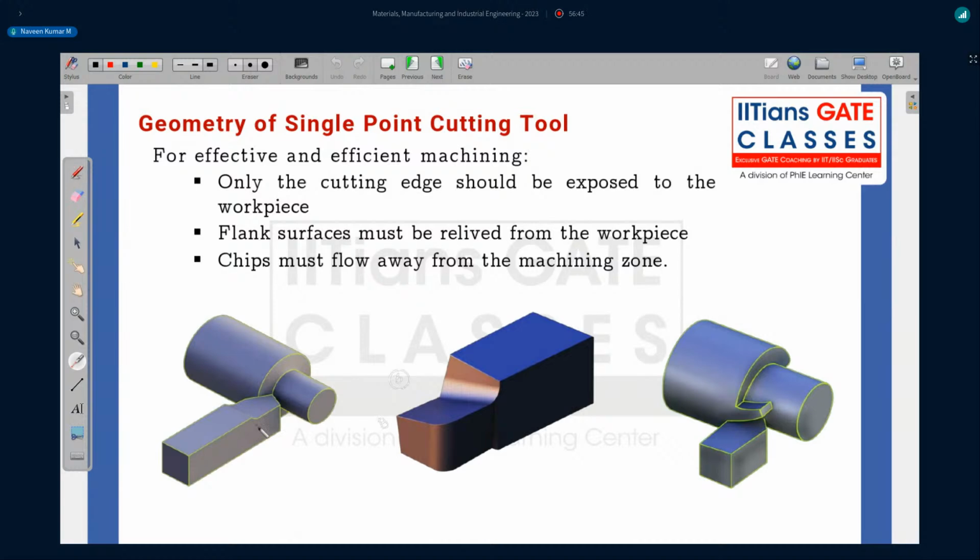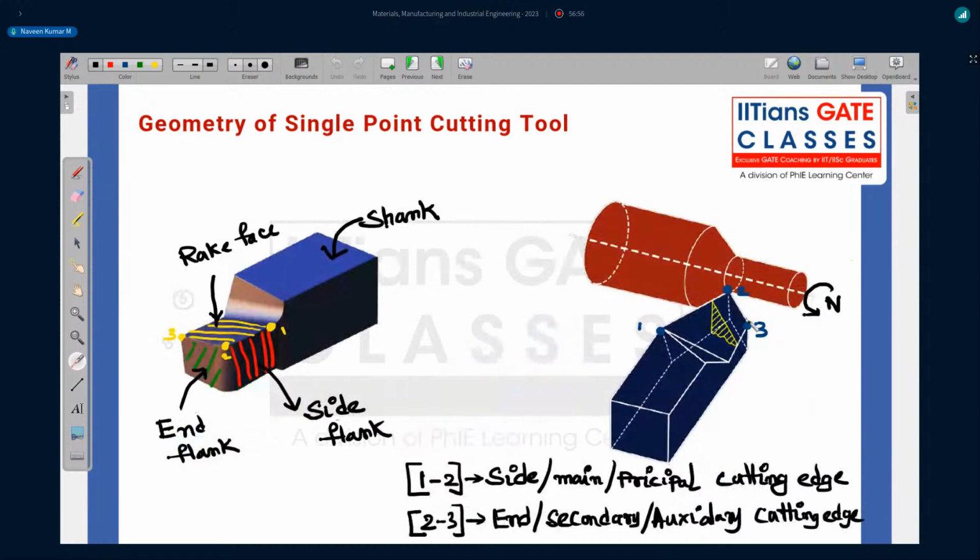It should not have any surface, nothing else in contact. Only these 2 cutting edges, I mean side cutting edge and end cutting edge, must be in contact with the workpiece, and the rest of the tool should not be in contact with the workpiece. That is the aim number 1 for efficient and effective metal cutting in the case of a single point cutting tool.